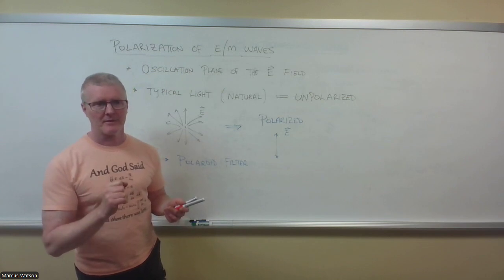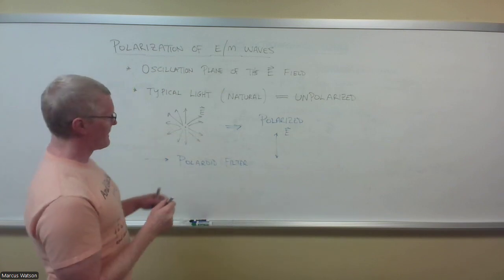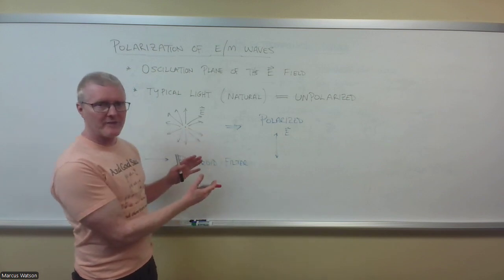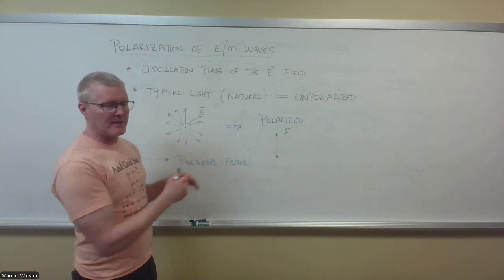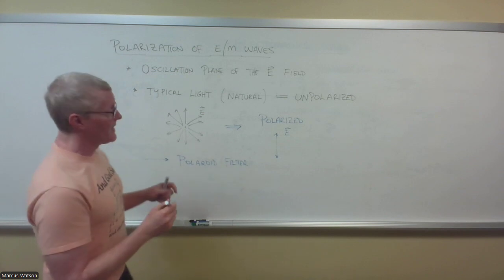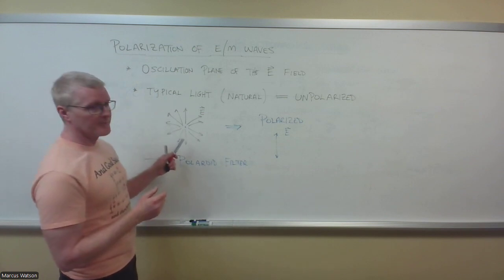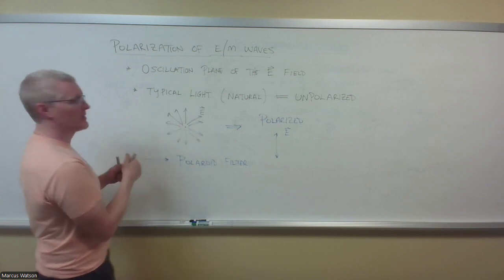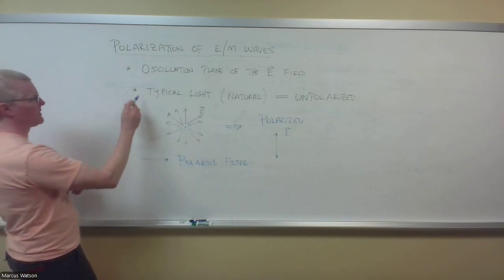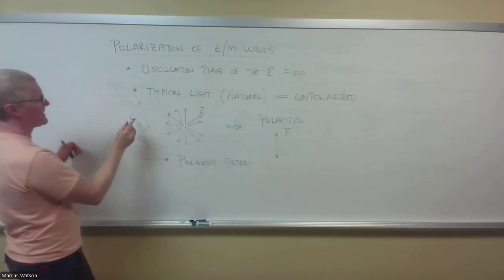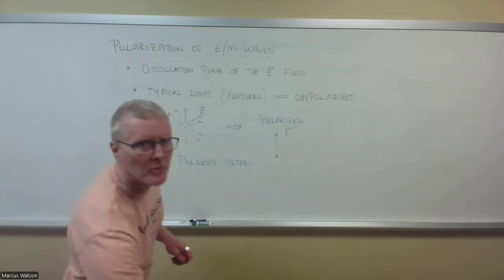So if I take unpolarized light and put it through a Polaroid filter, now remember, the electric field is a vector. Suppose this light's traveling this way, so I'll draw the Polaroid filter right here, and this light is about to hit it.